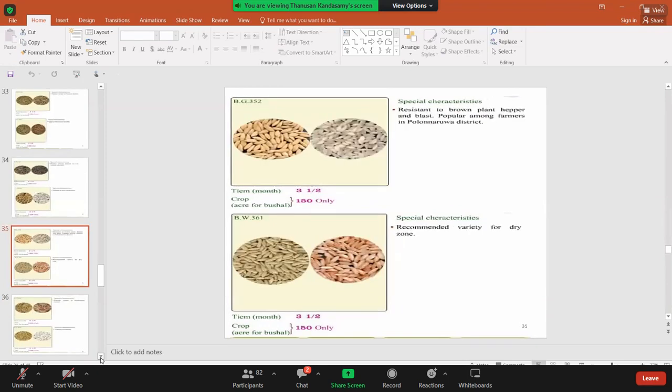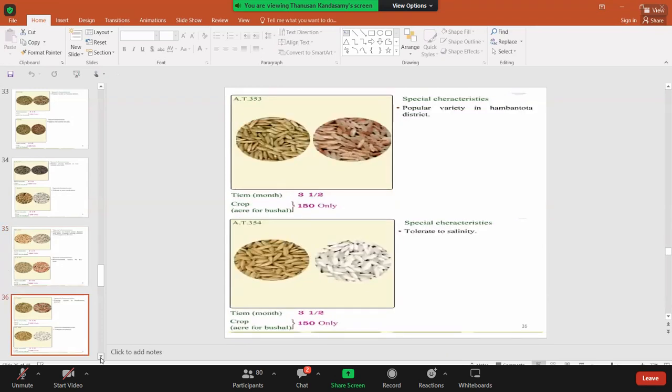Then BG352, resistant to the brown plant hopper and rice blast, and popular among the farmers in Monaragala district. Then BW361, recommended variety for the dry zone. Here also BG 403 is a little long, and BG 404 is also a little long.